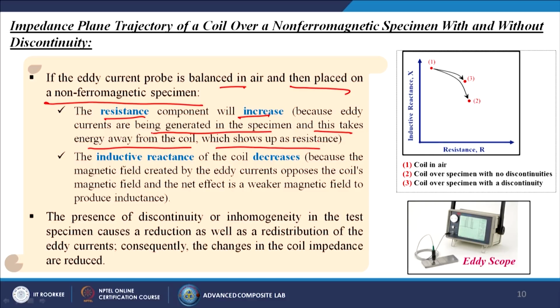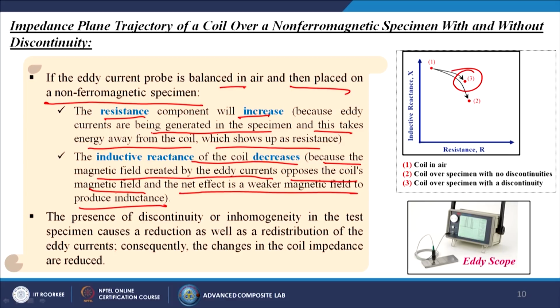So, first you can see point number 1, that is the coil in air. Number 2, coil over specimen with no discontinuities, no cracks. Now, the inductive reactance of the coil decreases because the magnetic field created by the eddy currents opposes the coil's magnetic field, and the net effect is a weaker magnetic field to produce the inductance. So, that is position number 3.